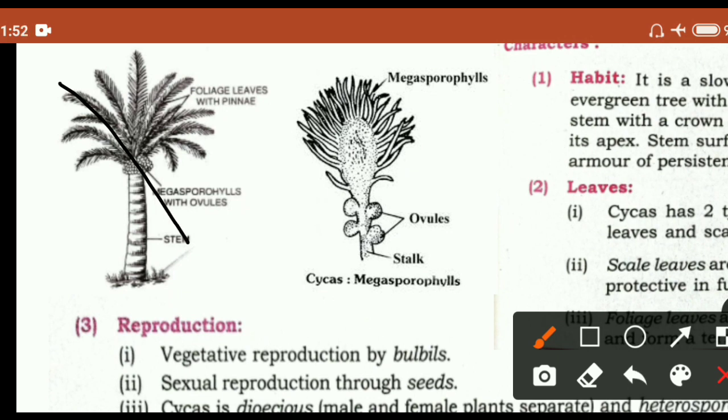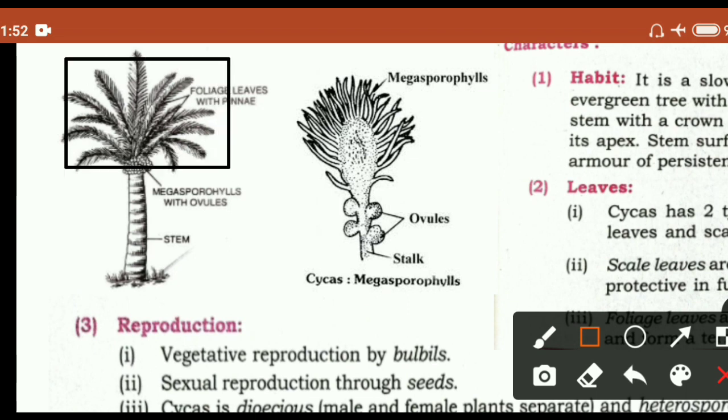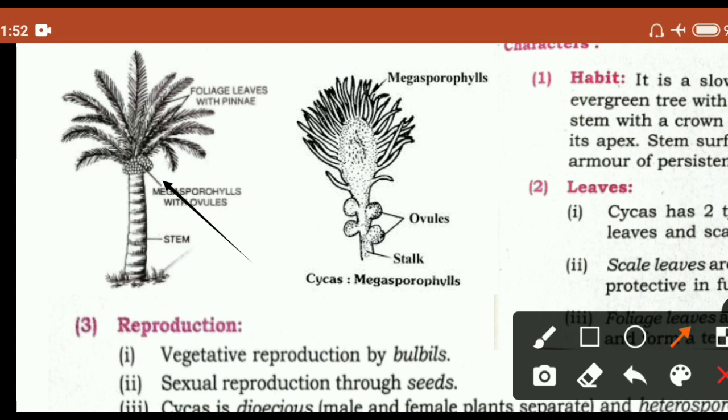Okay, so you can see over here there are these leaves just like coconut leaves, and there is this huge stem. Okay, so on these plants you can see that there is this bunch of leaf-like structures, okay, which are called megasporophylls.